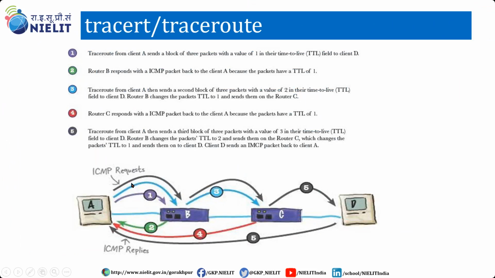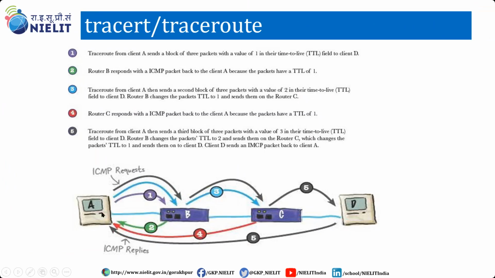Each packet has TTL value 1, and it is transmitted along the way. The first encountered router will decrement this TTL value by 1 from each packet. Then it will return an ICMP reply message that TTL expired in transit. This TTL is not sufficient to forward this packet to the next one.